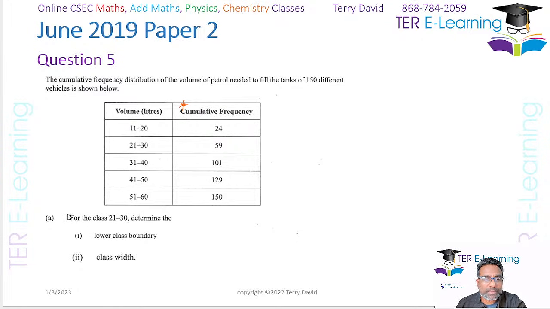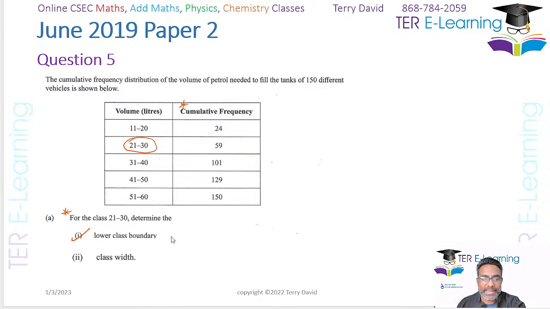Now, they like to bring this question. For the class 21 to 30, so we're talking about this class here, they want to know what the lower class boundary is. When you have a class interval, you have a lower class boundary and an upper class boundary.